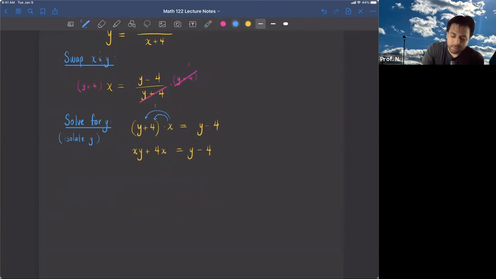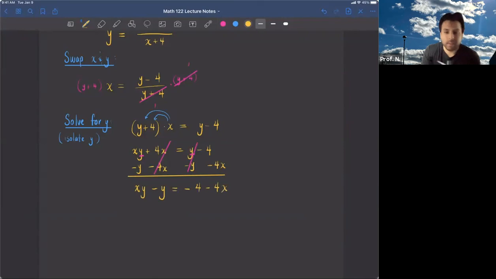Now, what is it that I want? I want to get y by itself. Again, the y's are on two different sides of the equation, so I should make them the same. And how do I do that? I need to subtract the 4x on both sides, and I need to subtract the y's on both sides. So the 4x's here cancel, the y's here cancel, and then I get xy minus y equals negative 4 minus 4x.